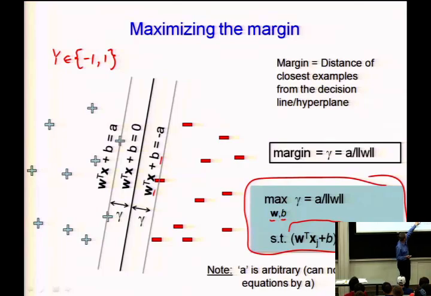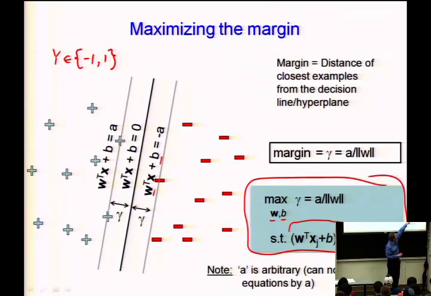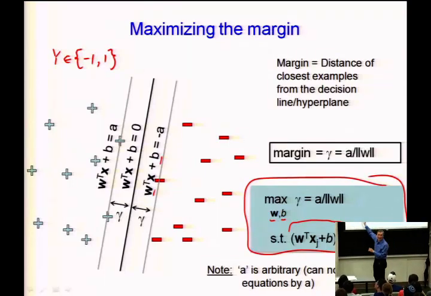If it's a positive example, it'll be plus 1, and so we want that wx plus b to be greater than a. That'll put it on the correct side of our decision surface. On the other hand, if y is minus 1, then we just want essentially the negative of this to be greater than a. Okay, so that'll put it on the correct side over here.